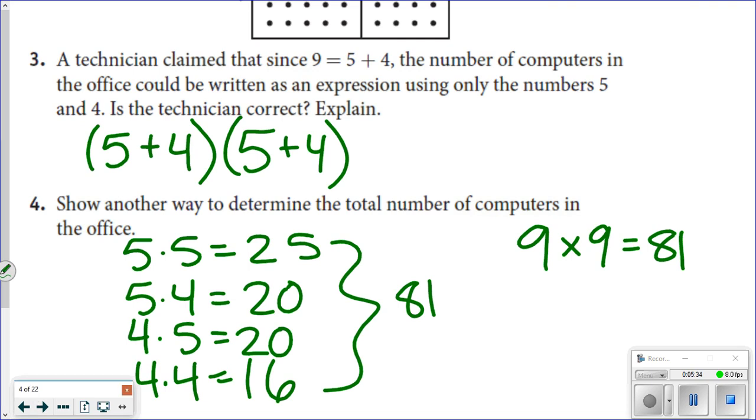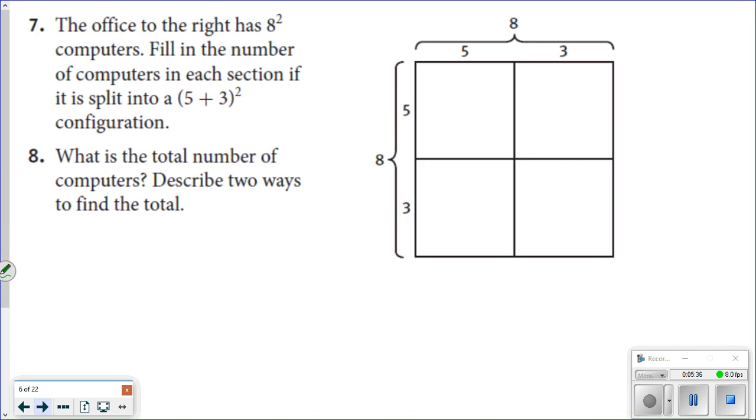All right, I'm going to skip questions 5 and 6 for now and jump to question 7. The office to the right here has A squared computers. Fill in the number of computers in each section if it is split into a 5 plus 3 squared configuration.